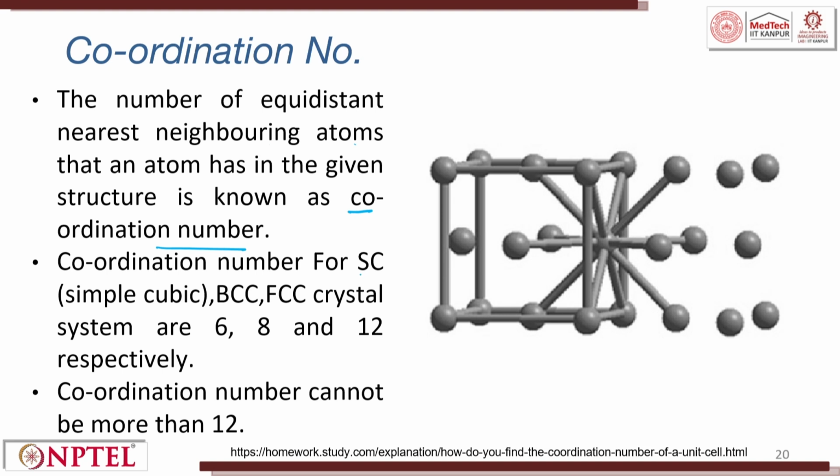So, the coordination numbers for simple cubic, BCC, and FCC are 6, 8 and 12. The coordination number cannot be more than 12. So, I would request you to think, why is this restriction coming? So, you can draw a cube.